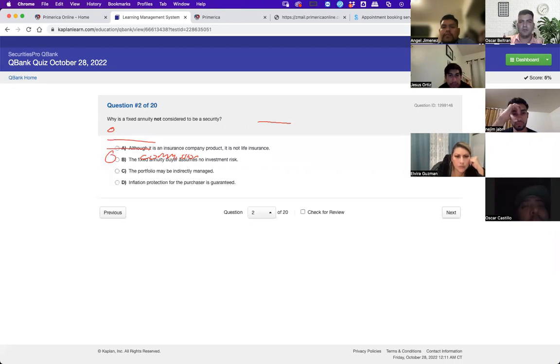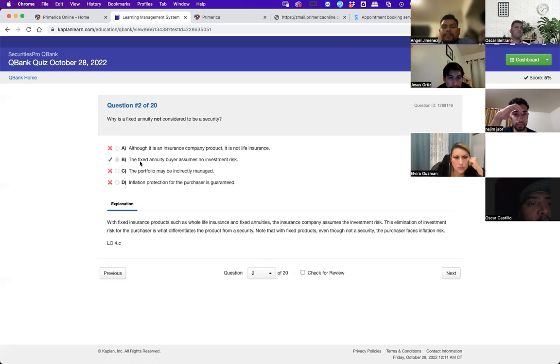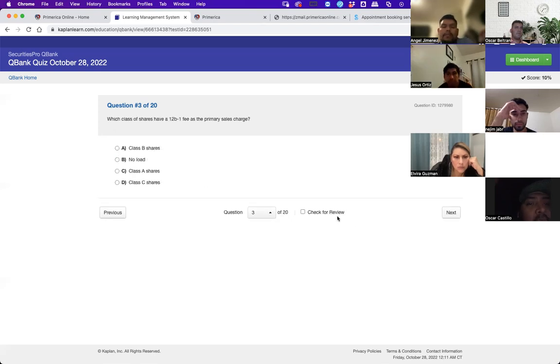All right, cool. Now we have this question. Why is a fixed annuity not considered a security? B, because there's no real risk because it's fixed. Yep, that should be it. All right, which class shares have a 12b-1 fee as the primary sales charge?